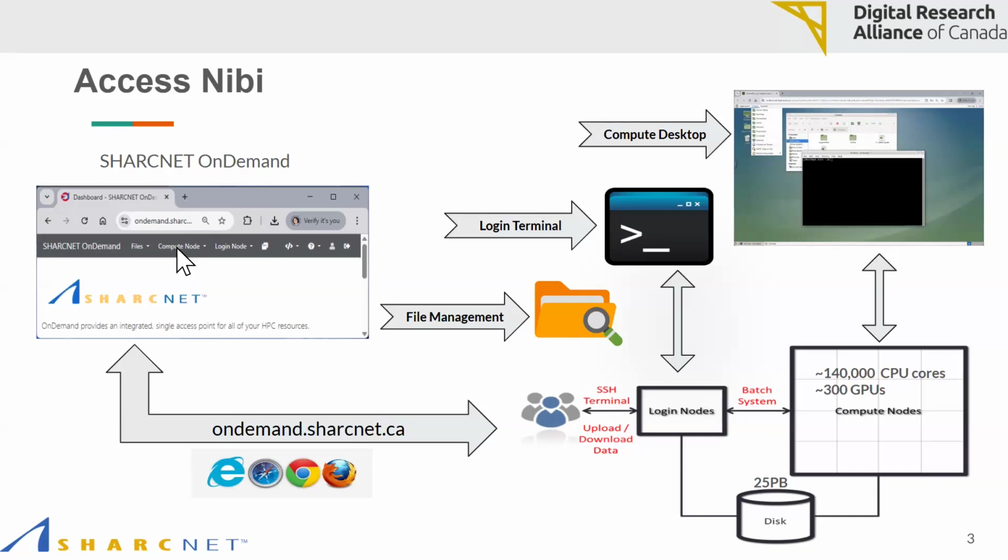So it serves as a quick start option for launching and connecting to JupyterLab on Nibi. I will show you both of the options, and you can decide which one suits your specific use case. You will see Sharcnet OnDemand provides a more integrated access to the cluster.